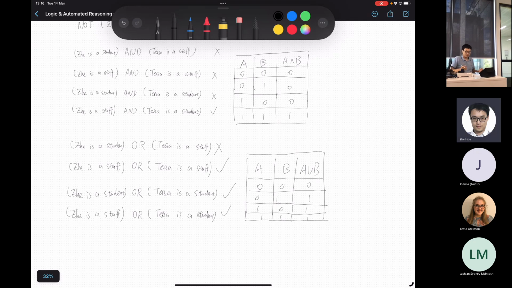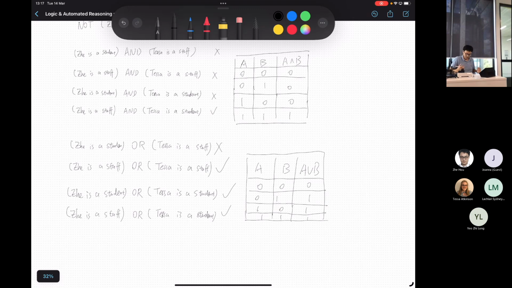Whereas when you have an or, which is also called a disjunction, the result is only false when both statements are false. Otherwise, it's true. So a disjunction is only false when both disjuncts are false. Otherwise, it's true.